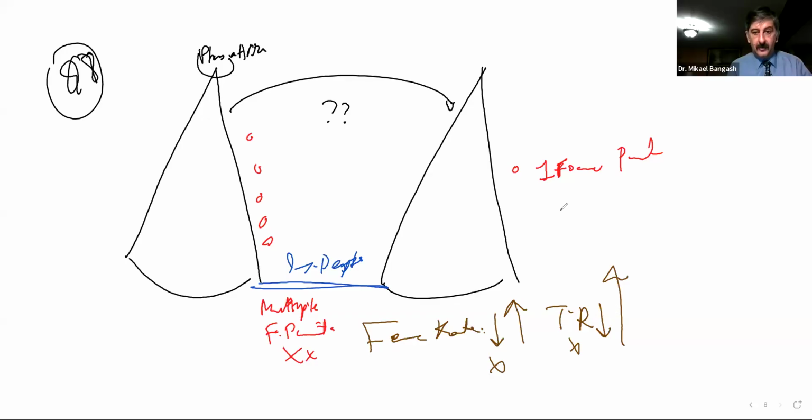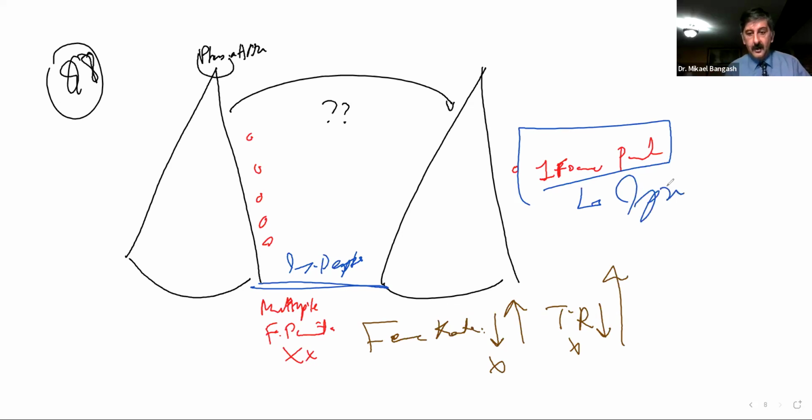So the temporal resolution improves if we turn off the multifocal points. I mean, we just focus at one point, and that's going to lead to an increase in temporal resolution.